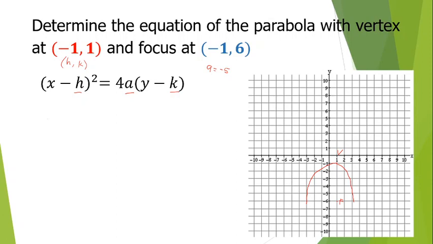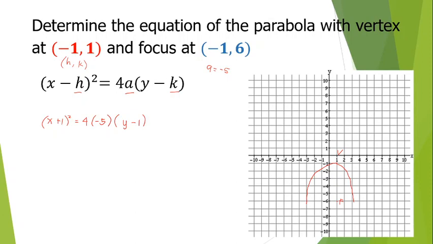So let's have x minus -1, so that's +1. (x + 1)² is equal to 4 times -5 multiplied by (y - 1).